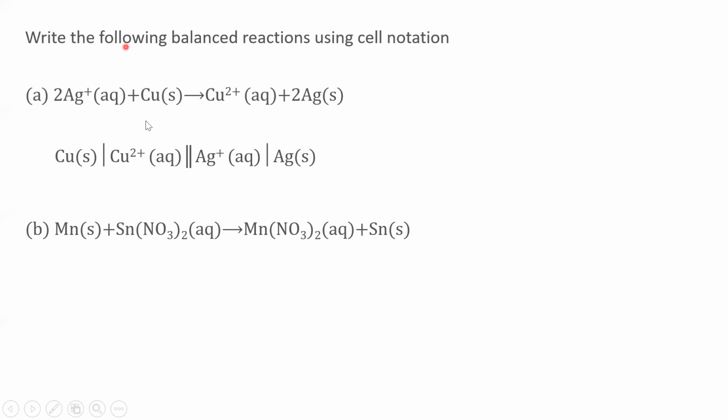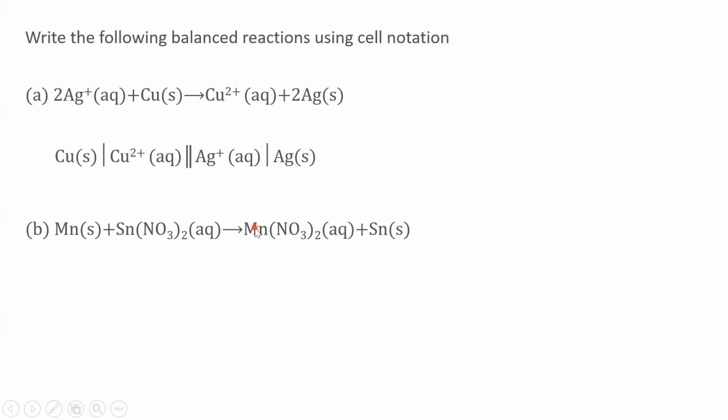So using this A as an example, let's look at B. First, the nitrate's a spectator ion, so don't worry about the nitrate here and here. We've got manganese going from atoms to ions, and the charge is a +2 here, so it's going from a 0 to a +2.